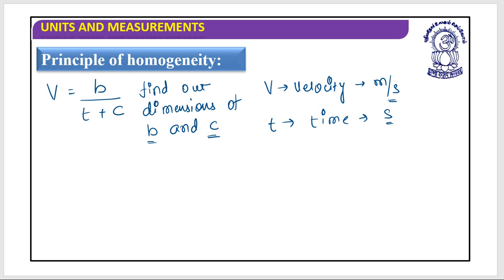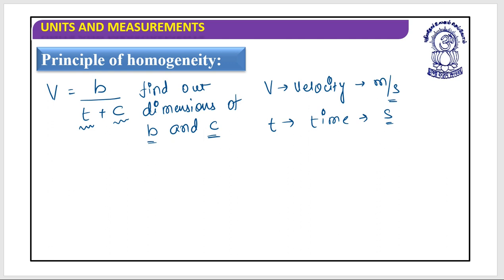Now think in your mind what I could do. Which are the two quantities that are related with the help of addition or subtraction? Think, you will get a hint. Think for a while. Can you think it? This is t, this is c.